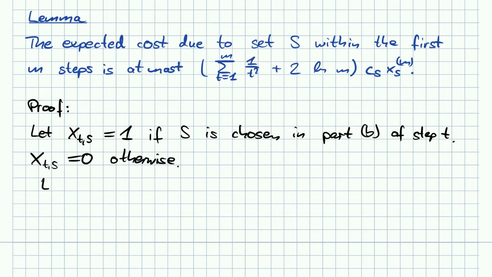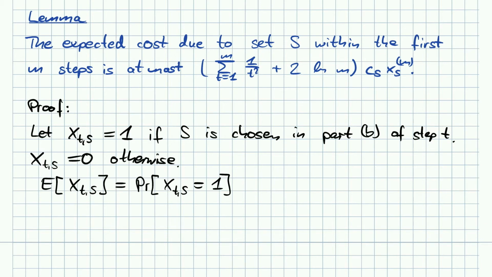Now, what is the expectation of X_ts? This is exactly the probability that X_ts is 1. And what is the probability that set S is chosen in part B of step t?